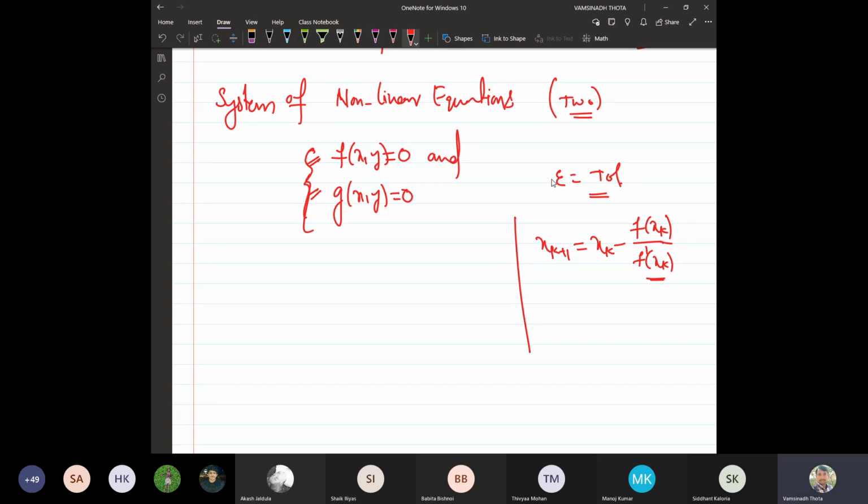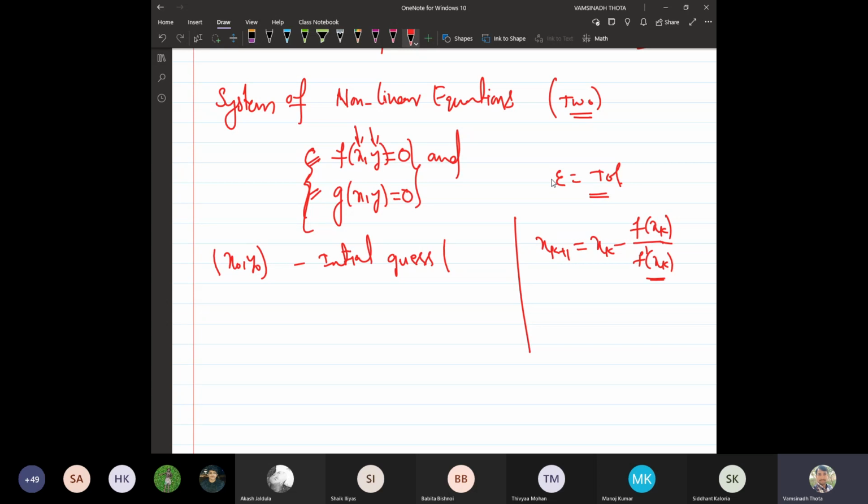Suppose x naught comma y naught is the initial guess. We need to find proper values for x and y such that they will be an approximate solution for both nonlinear equations, f of x comma y equal to 0 and g of x comma y equal to 0, with some error tolerance epsilon.